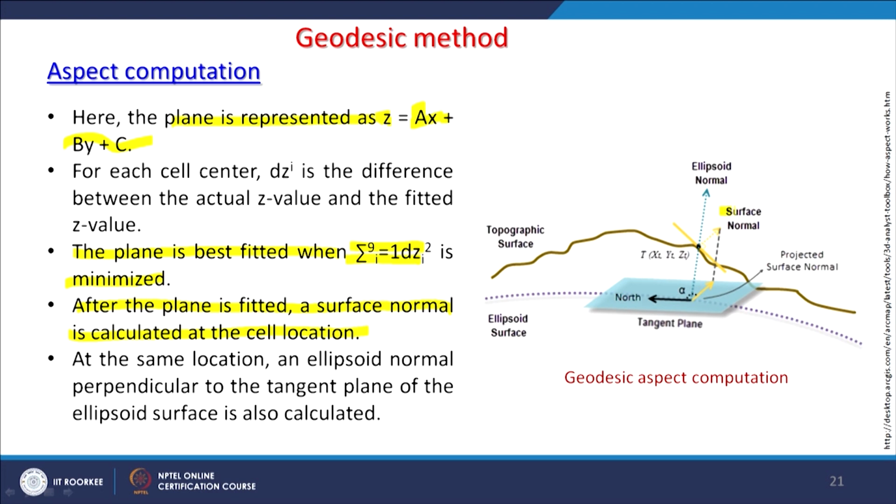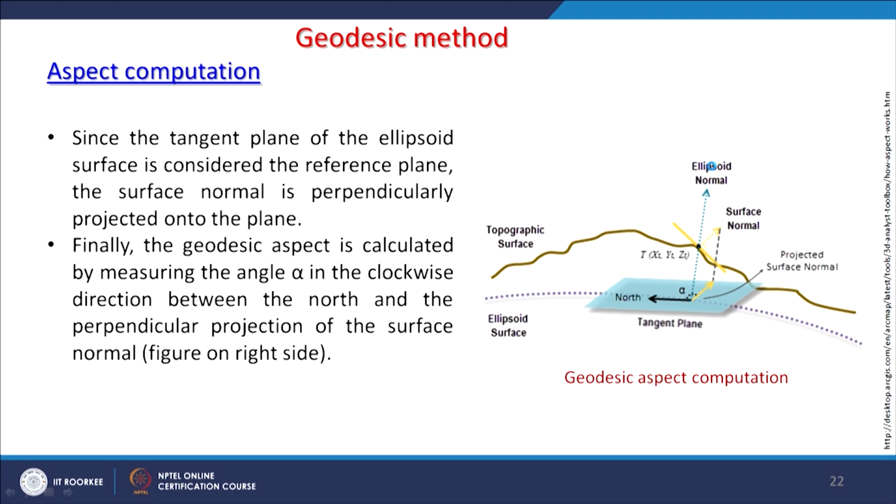The surface normal is calculated, and at the same location an ellipsoid normal is also calculated, which is perpendicular to the tangent of the ellipsoid surface. The tangent of the ellipsoid surface is considered the reference plane. So, this plane becomes our reference plane.